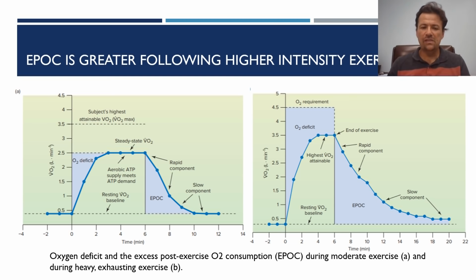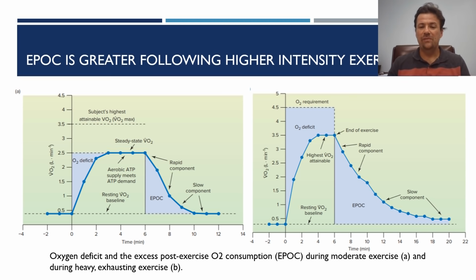And you can see that that is actually true based on the diagrams here. The one on the left is a steady state, and you can see the EPOC is a lot smaller than the EPOC that occurs with high intensity exercise. So yes, there are benefits to HIIT training, but of course it's important to remember that if you're engaging in high intensity exercise, often you cannot maintain that level of exercise for the same length of time as you can maintain a steady state response.